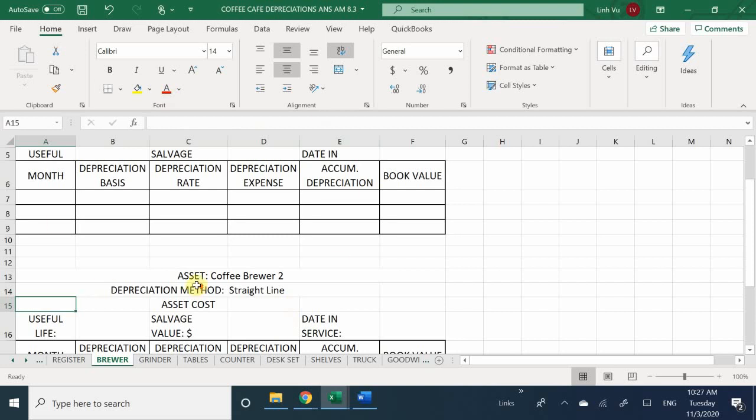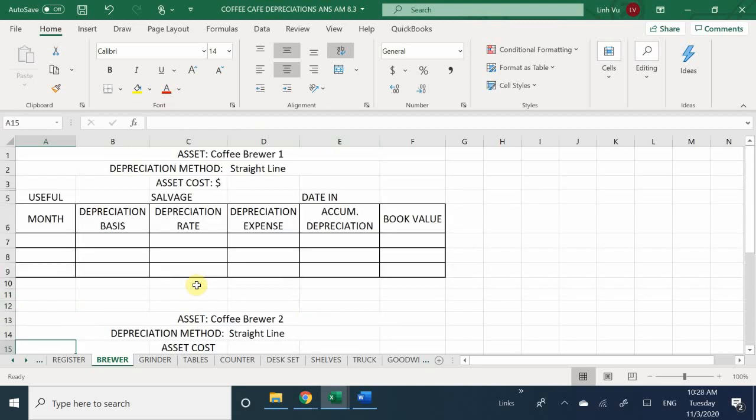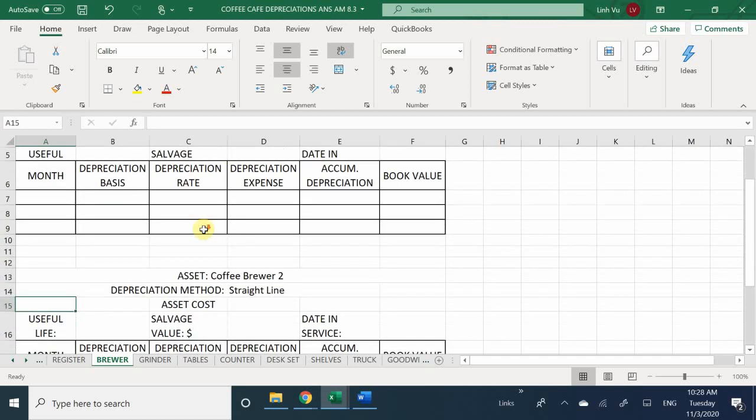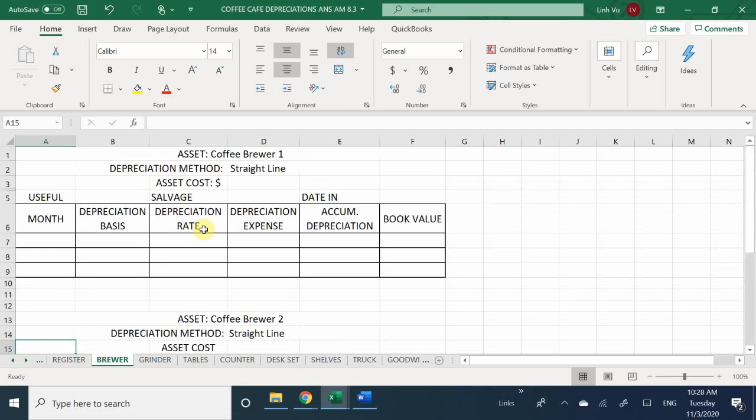Now, do we have the asset cost for both of them? We should. Where do we need to go?